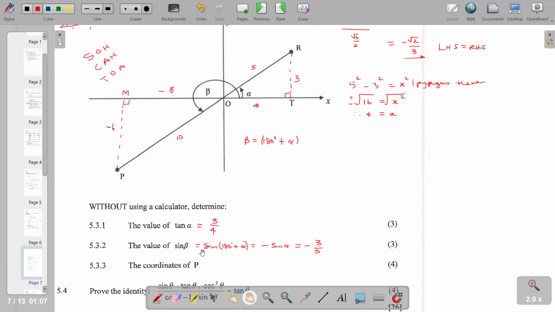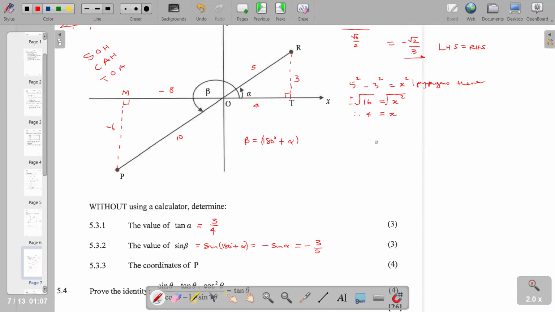Then it says calculate the coordinates of P. So if you were to use this method, how do you answer that one? Let us answer that one. For the coordinates of P, we are just going to use similarity.